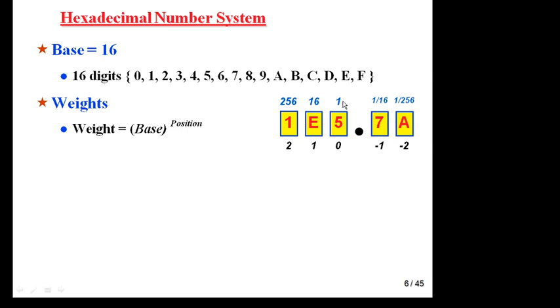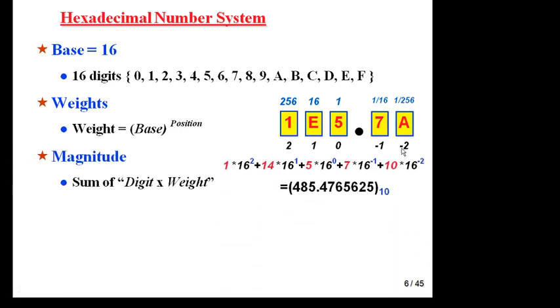In this case position is 0, 1, 2, in this case minus 1, minus 2, so 5 into 16 to the power 0, E means 14, 14 into 16 to the power 1, 2 into 16 to the power 2 means 256, similarly minus 1 into 16 to the power minus 1 plus minus 2 into 16 to the power minus 2. So in this way you can determine value from hexadecimal number system into decimal number system.